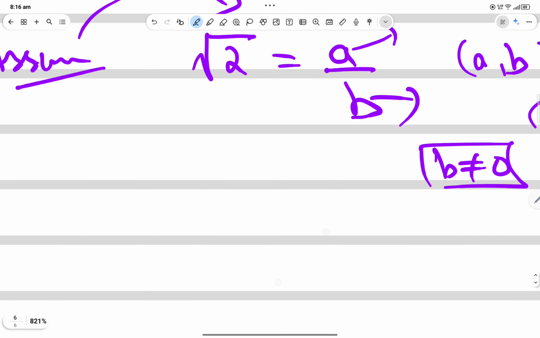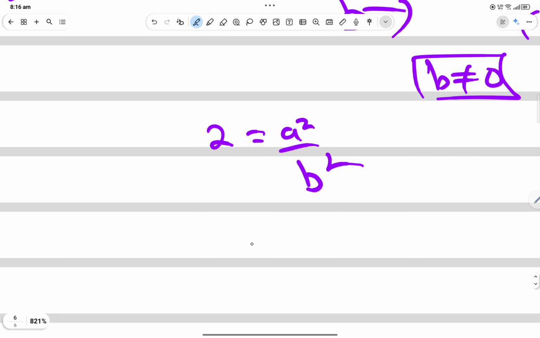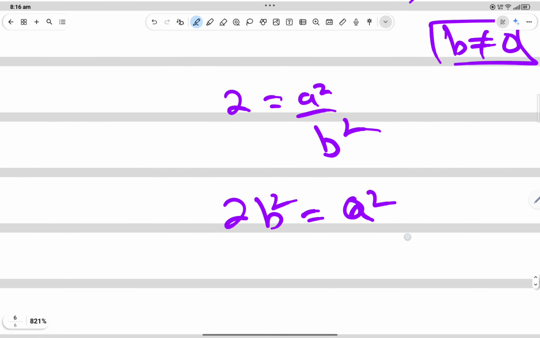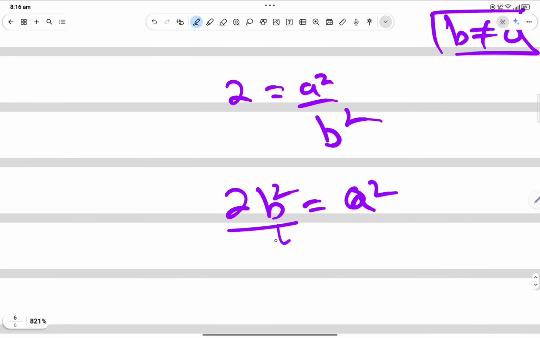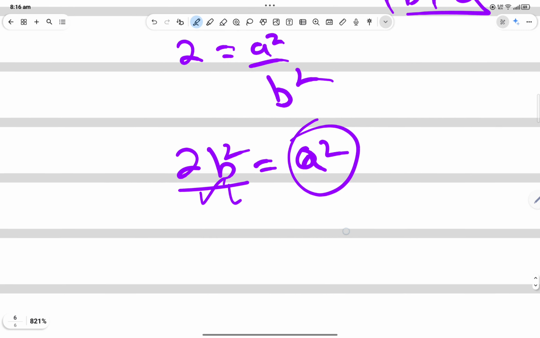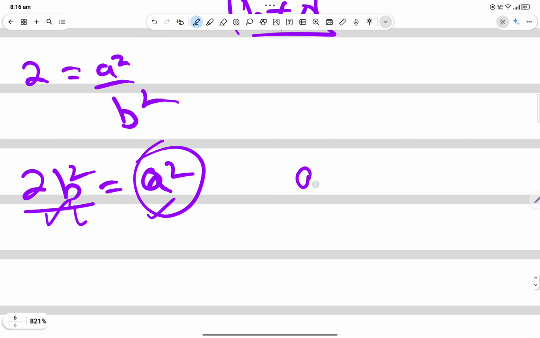Now we square both sides and multiply both sides by b square. Now, a square must be even, so a is divisible by 2.